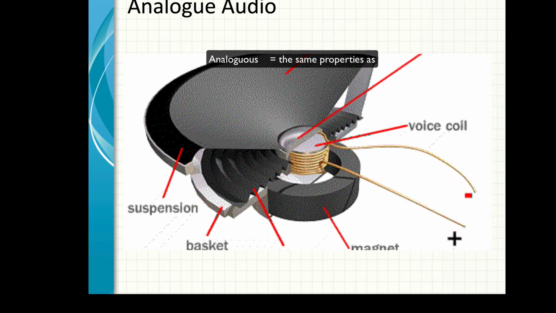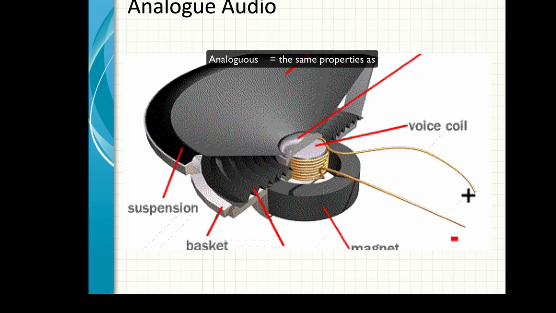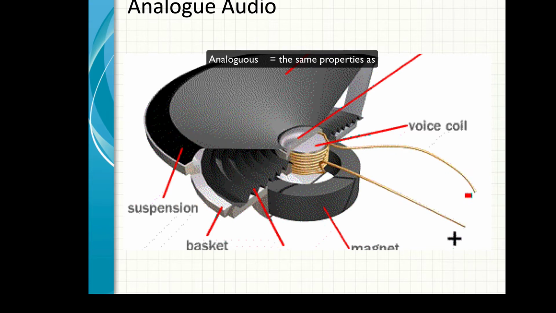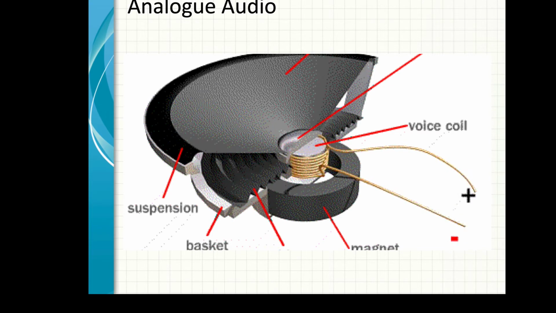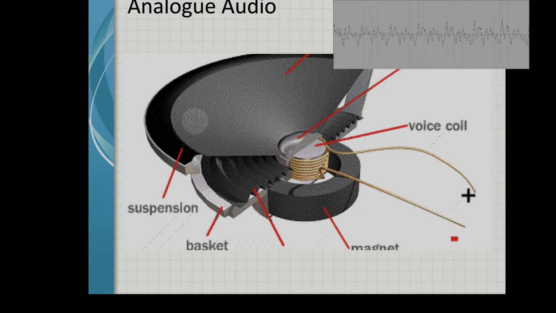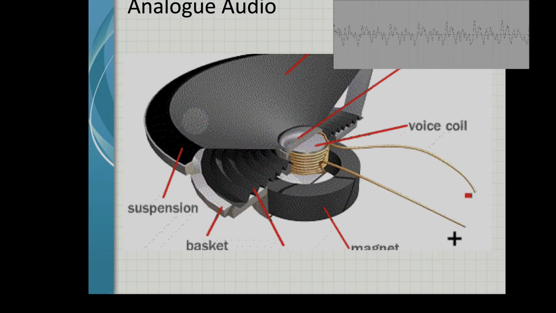So the magnetic field change also has an amplitude, how strong it is, and that can be in both directions, and how quickly it changes, the frequency. That means the electrical signal feeding that coil of wire has an amplitude and frequency that could be plotted just like our waveforms before.